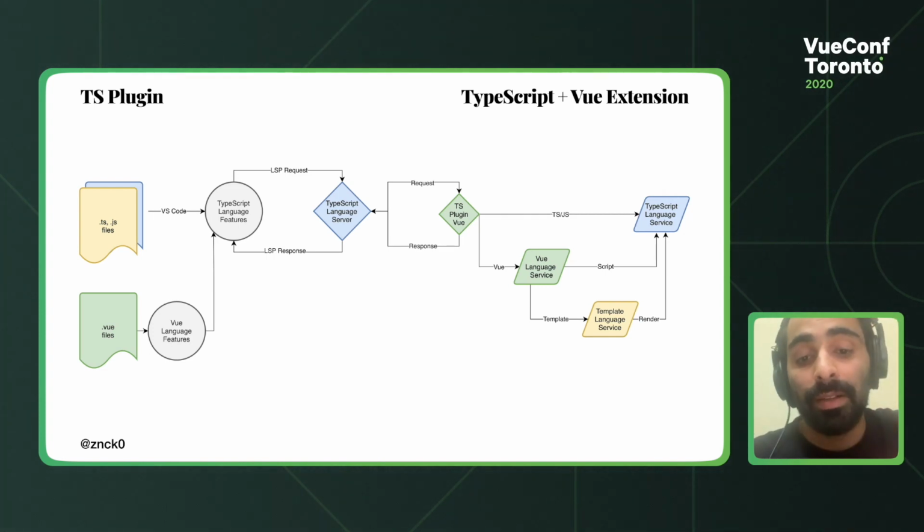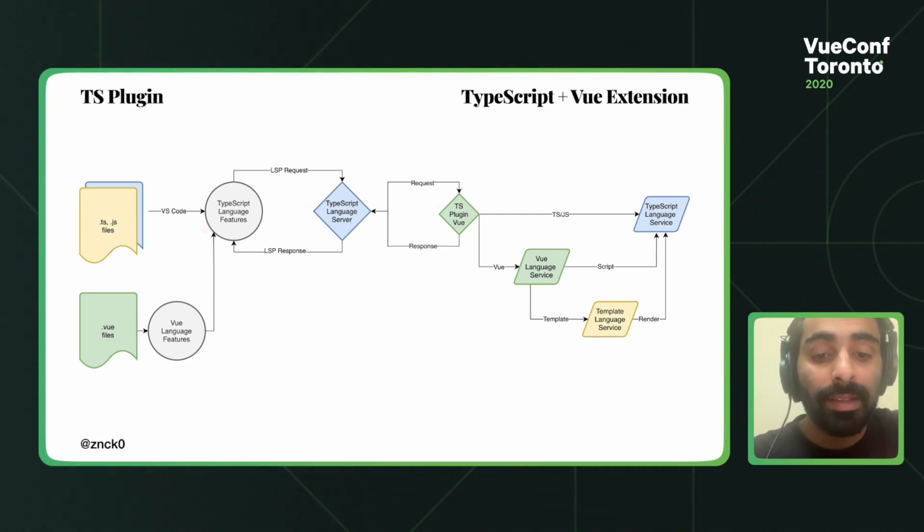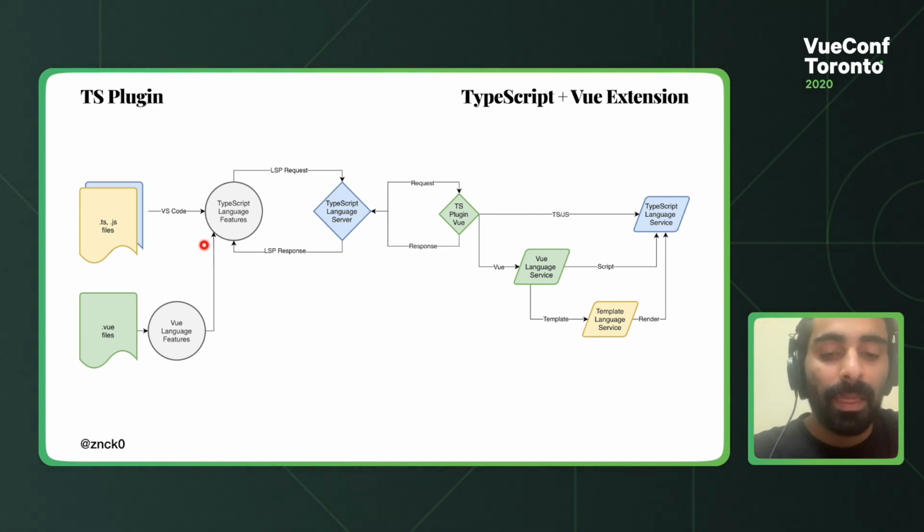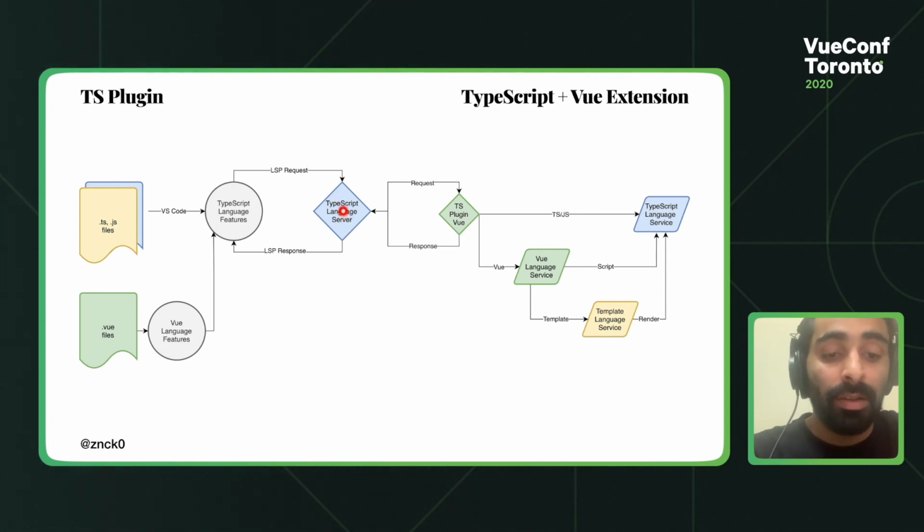So now whenever VS Code sees a TypeScript, JavaScript, or Vue file, it will ask the TypeScript language features extension to get information like auto completion and all. So this extension will ask the TypeScript language server, which has our new TypeScript plugin.